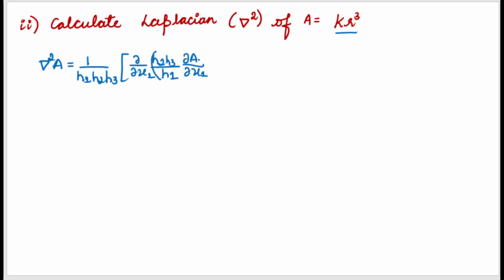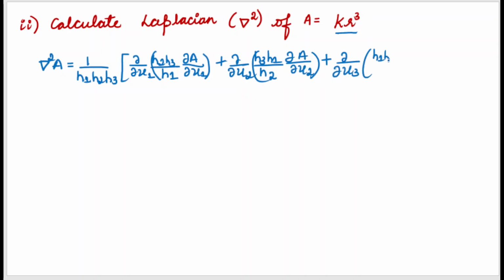This is the general formula, plus dou divided by dou u2 of h3 h1 divided by h2 into dou A divided by dou u2. Next, plus similarly dou divided by dou u3 of h1 h2 divided by h3 into dou A divided by dou u3. So this is the general formula to find the Laplacian, that is the del square of any scalar. Here, if you observe clearly, it depends only on r.